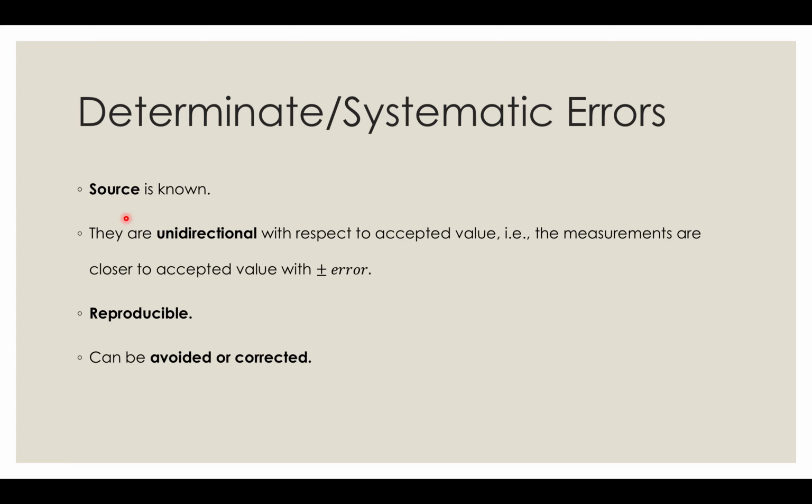Since we know the source, we can definitely correct or avoid these kinds of errors. Sometimes in an analytical determination, it cannot be avoided or corrected. In those cases, at least by some changes in our practice, we can probably minimize these kinds of determinate errors.